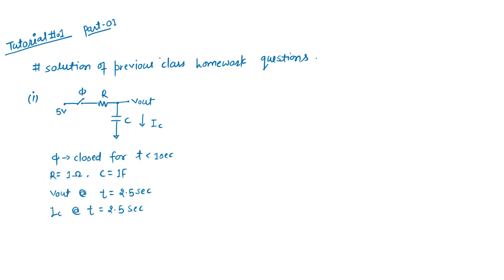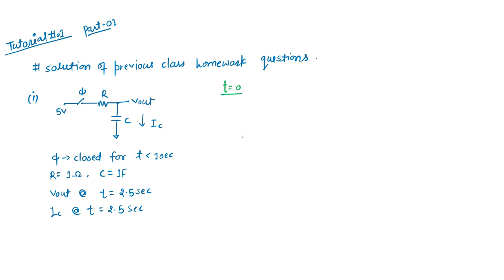What is given? It is given that the switch is closed for t less than 1 second. Okay, so let us consider that the switch is closed at t equal to 0 positive, or I can say 0.